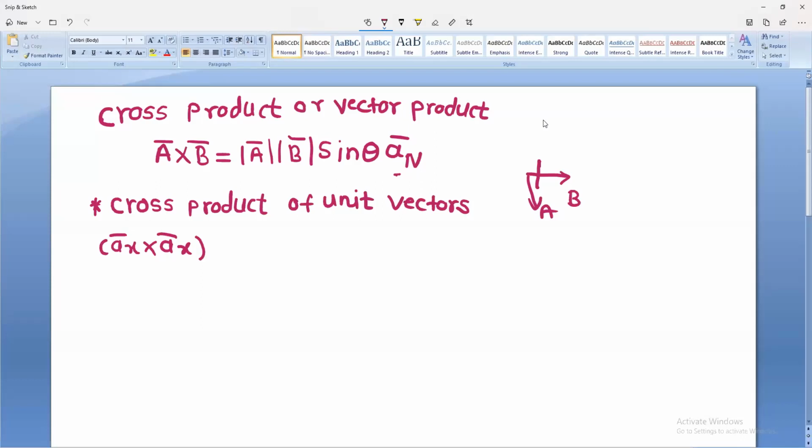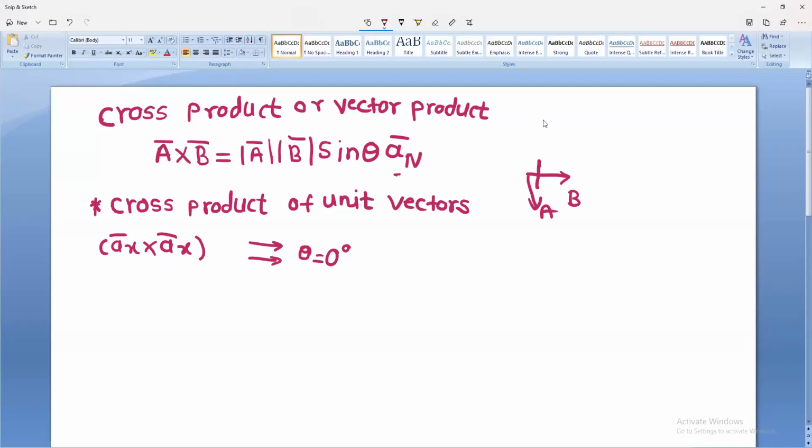These two vectors are in x direction, right? So these two vectors are parallel to each other. If they are parallel to each other, then angle theta between these two vectors is equal to 0 degree, right? So if theta is equal to 0 degree, then what is sine 0?